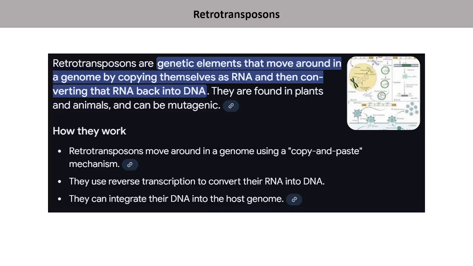So this is nothing but copy and paste. The word is used because it is copied from the DNA in the form of RNA and then again pasted in the form of DNA. That is why the copy and paste mechanism is used for the movement of retrotransposons in any genome.